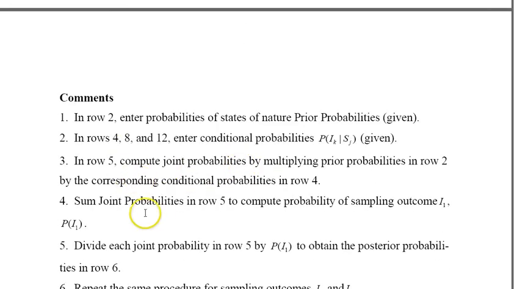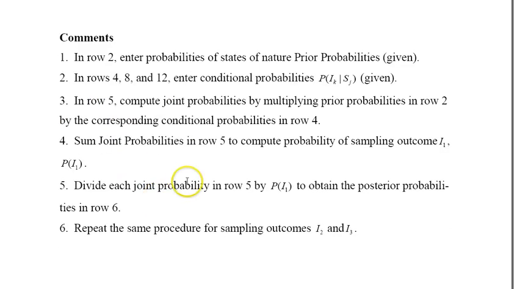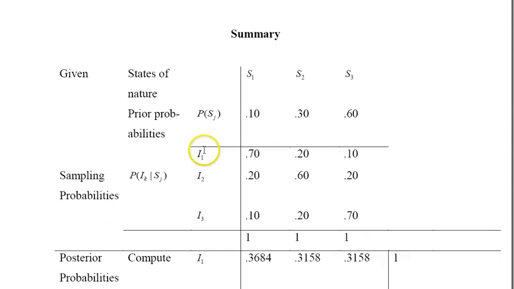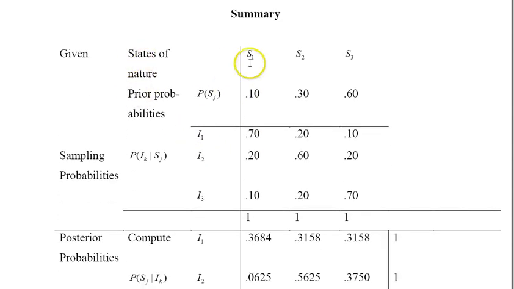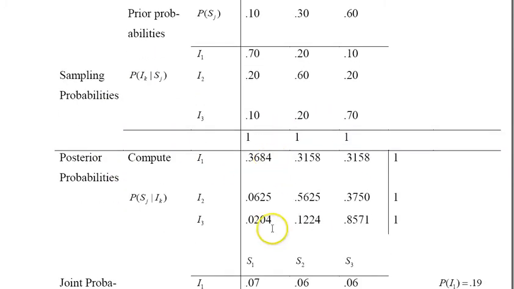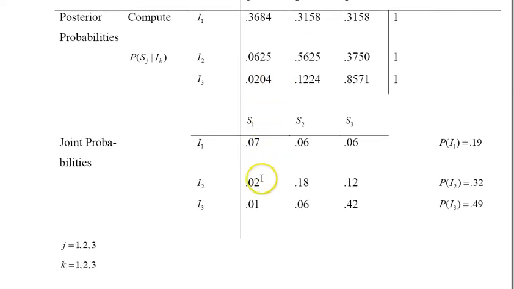So this explains to you, if I went fast over it, what to do in each case to get those probabilities. And actually from this posterior table you can get the summary here. These are the states of nature. These are the sampling probabilities, and these are the corresponding posterior probabilities, and these are my joint probabilities.